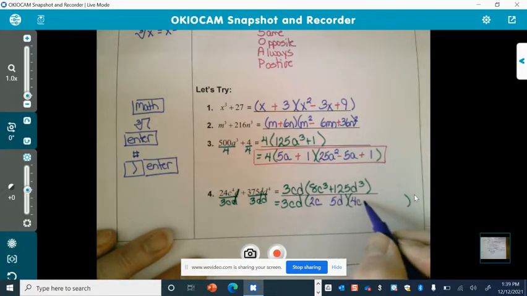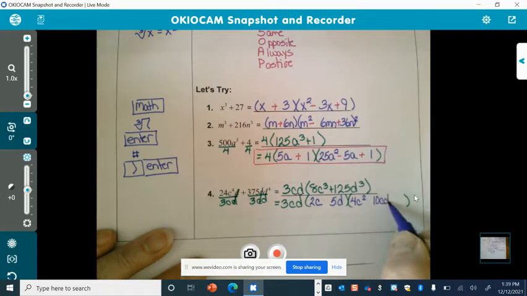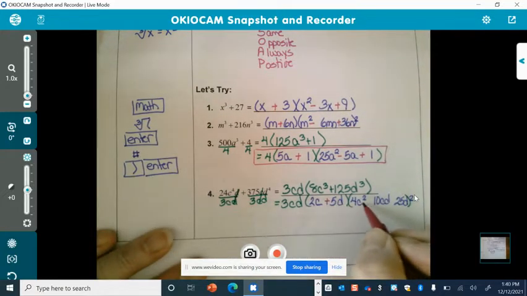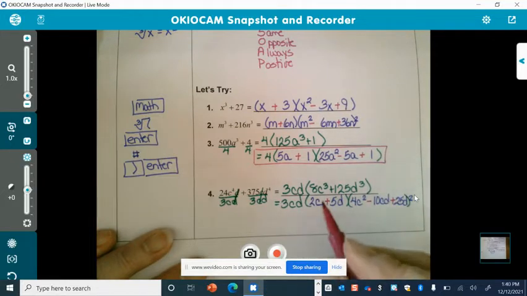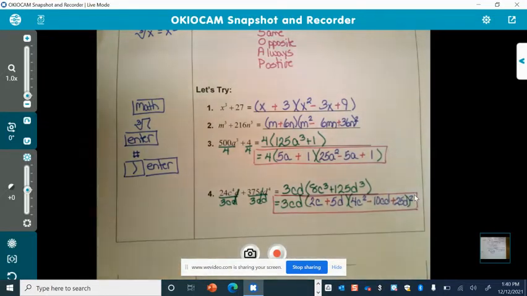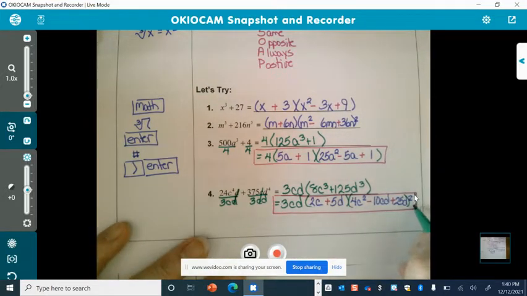Square the first term, multiply the two together, square the last term, needed just a little more space there, and apply SOAP. This is my final answer. Ideally, parentheses out here.